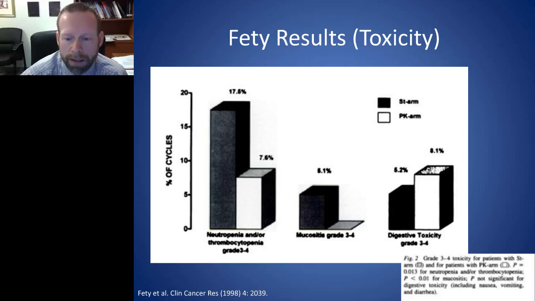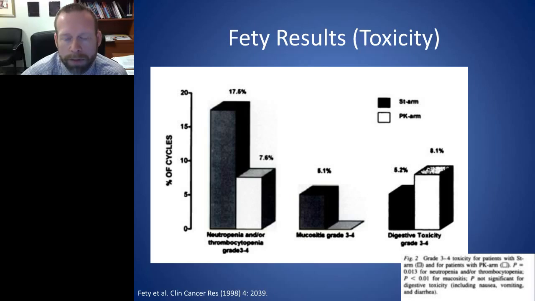In the first one, they looked at hematologic toxicity, meaning neutropenia or thrombocytopenia, and you'll see a statistically significant reduction in the patient group that received routine TDM relative to those that did not.